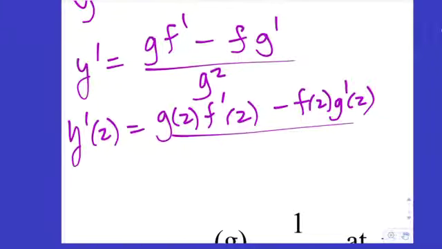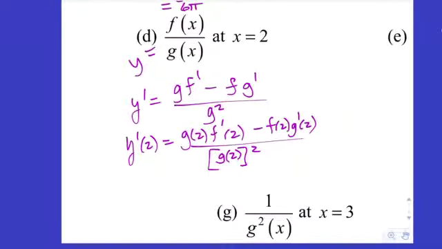I'm going to write it like this in the non-condensed version. G of 2 squared. That's a weird looking g. You could also write it as g squared of 2, but this is a little bit more useful because now you can see you're squaring the whole quantity. All right, so then plug in from the chart or the table and finish.